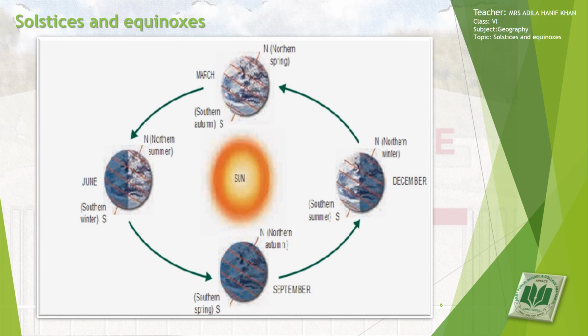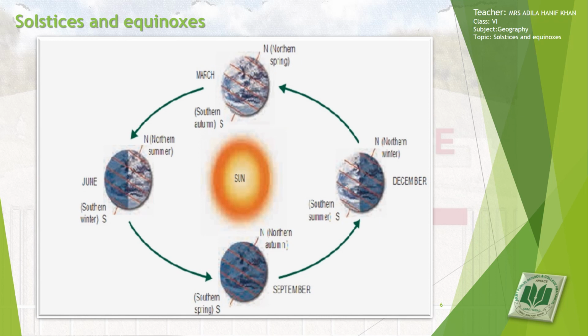In the northern hemisphere, the sun reaches its highest point in the sky at midsummer, that is 21st June, and its lowest point at midwinter, that is 22nd December.